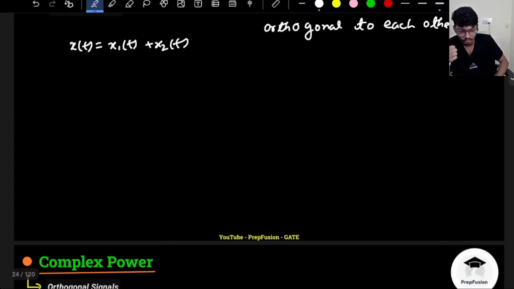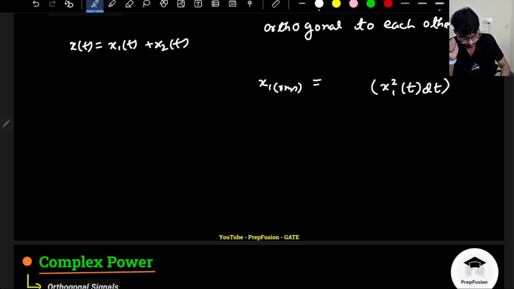So how do you calculate the RMS? I have already told you. First, let me write down the RMS values of each individual signal. What is the RMS value of x1? You first take the square, since RMS square comes first. So you square the signal, x1 whole square of t dt.